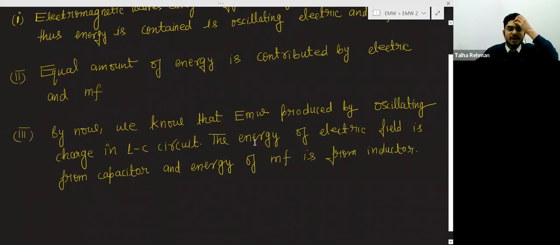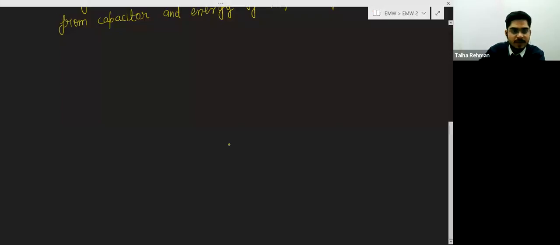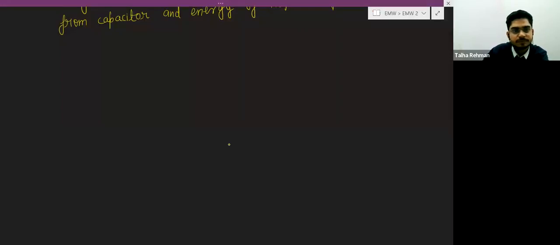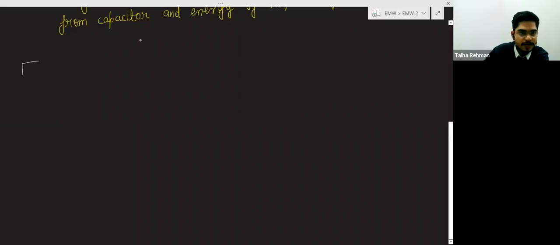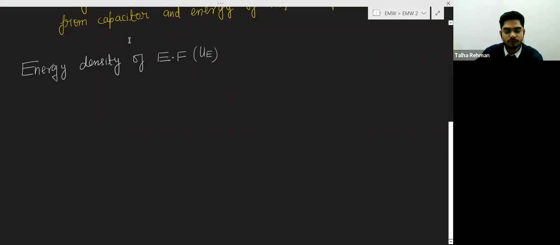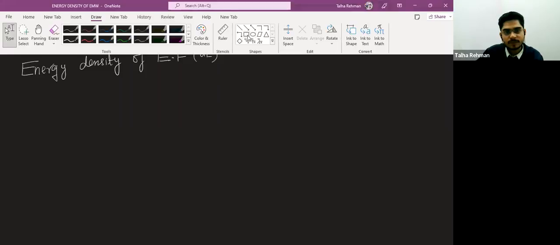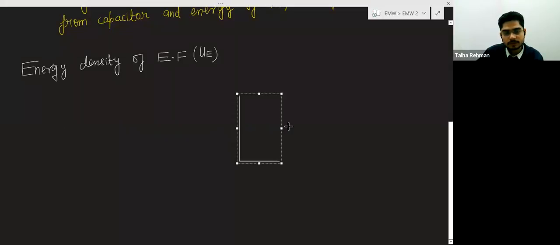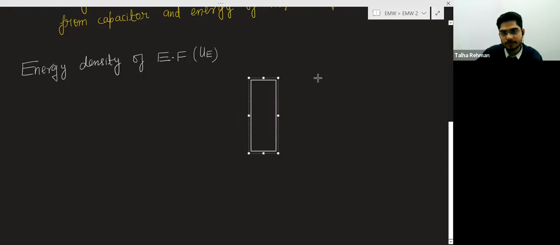So now I will define what is energy density. Energy density for the electric field is given by small u sub E. For that, just wait a second. This is one plate of the capacitor.